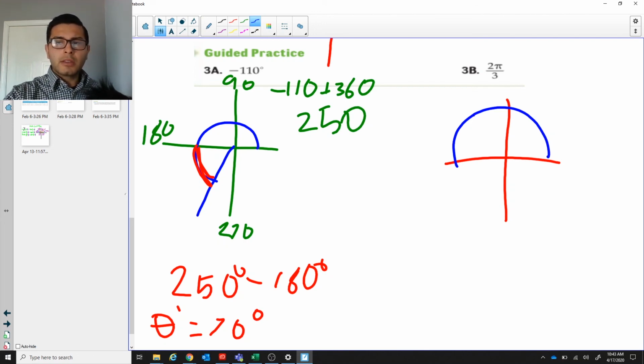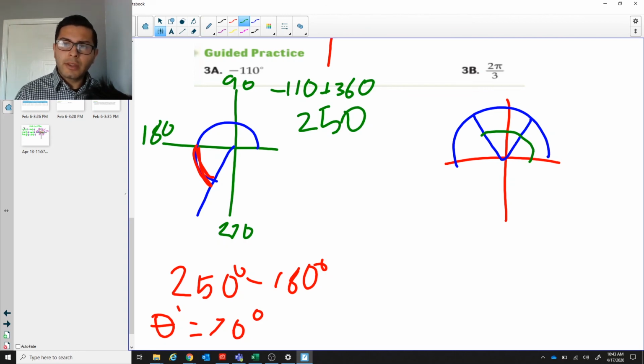Yes. I can make a line here and a line here. What does that do? That takes my half circle and divides it into 3 different parts. So what is my angle? Well, that's going to be 2 pi's over 3. So that's going to be 2 slices of this pi over 3. So my angle is going to look exactly like this.